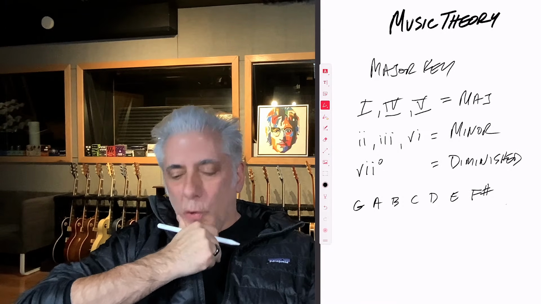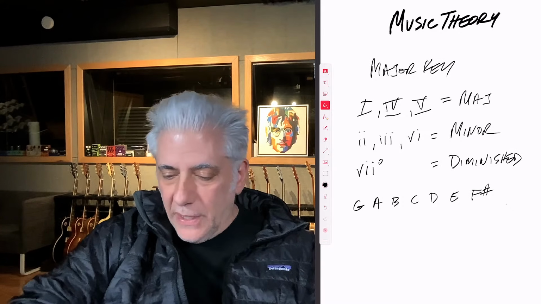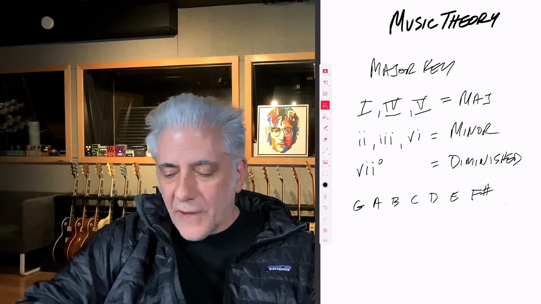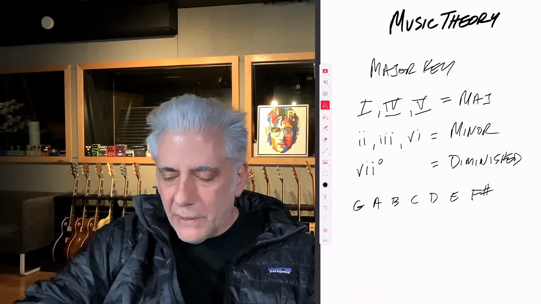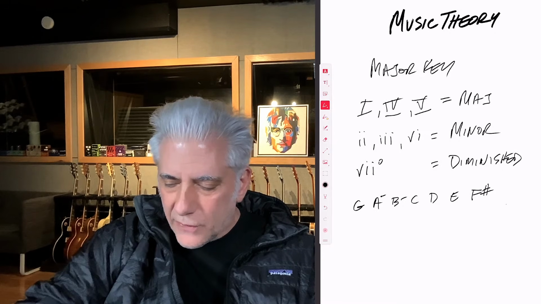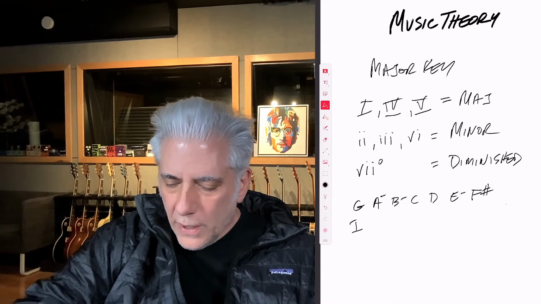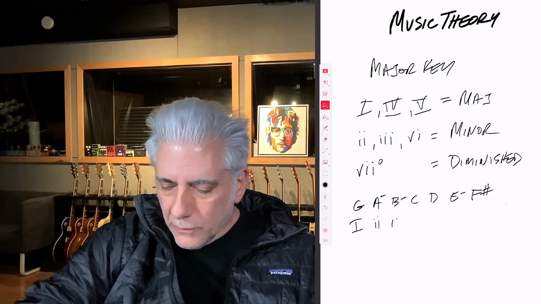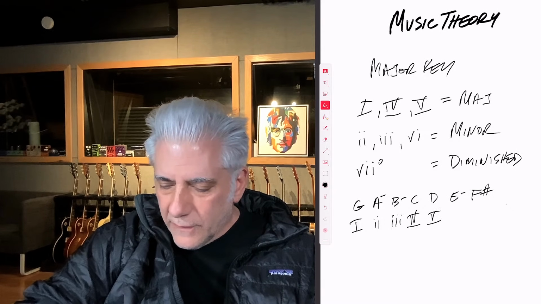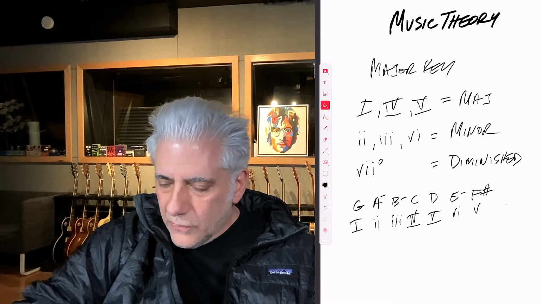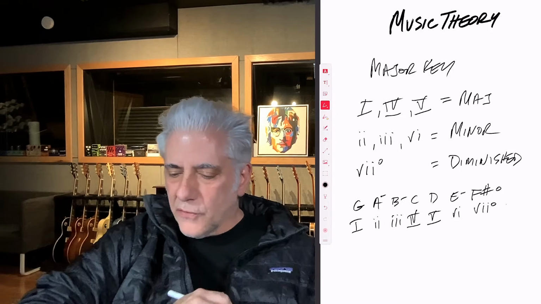Well, the chords in G major, I'm going to fill in using my little chart here. 1, 4, and 5 are major, so I don't have to do anything to those. 2, 3, and 6 are minor, so I'm going to put a little minus next to those. So it's 1, 2, 3, 4, 5, 6, 7 is diminished. So this one's going to be diminished. Put a little circle next to that. Those are the chords in G major.